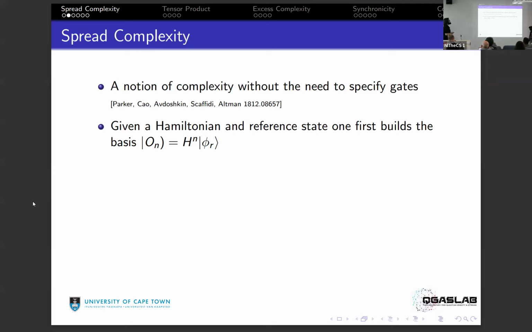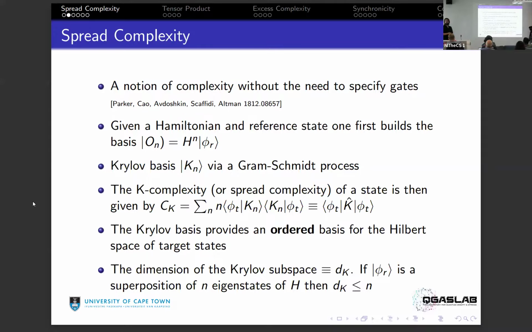This basis is not necessarily orthogonal with respect to the Hilbert space inner product. So there's a second operation, and that's the ability to take superpositions. Taking superpositions and actions of the Hamiltonian, you can build an orthogonal basis sequentially. Start with your reference state, that's K0, act with the Hamiltonian once, orthogonalize what you get, then you get K1 and so on.